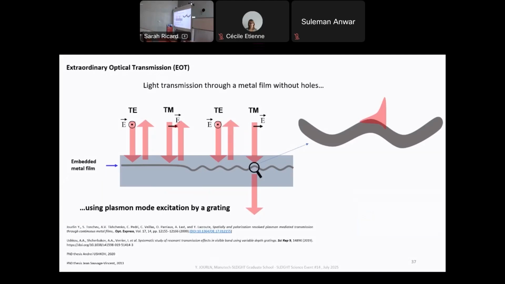If we look in detail at this thin layer, we will actually excite two surface plasmon resonances at both sides of this thin metal plane. Of course, it works for a certain thickness; if the layer is too thick, it doesn't work.